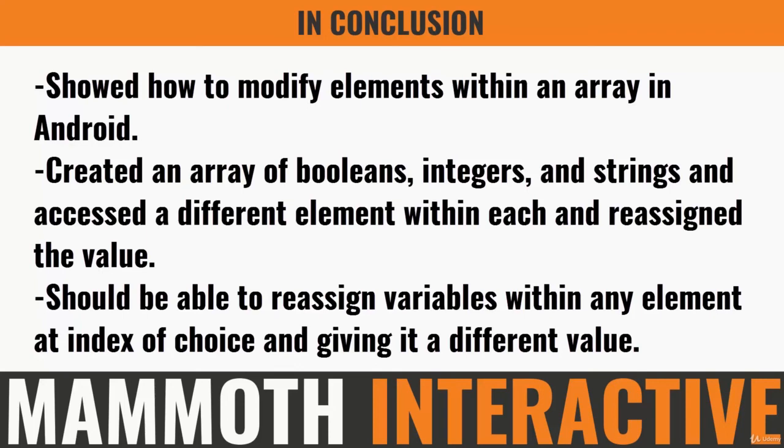After creating the array, we had to first access the element at the specified index, and then we modified it by reassigning that variable later on in the code. So by now you should be able to reassign variables, both freestanding variables and variables within an array, by accessing the element at the index of choice and then just reassigning the value further down in the code.